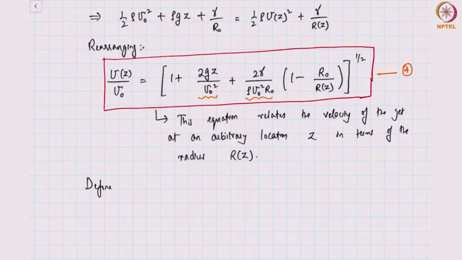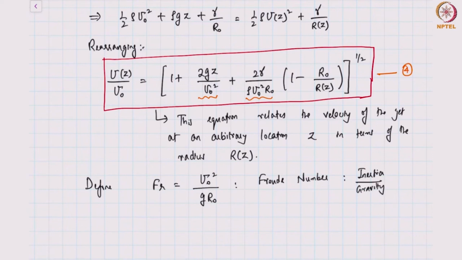Define this number, we'll call it Fr, which is U0 square by G times R naught. Gravity is in the denominator and velocity is in the numerator. This number is called the Froude number, and it's a ratio of inertia to gravity.